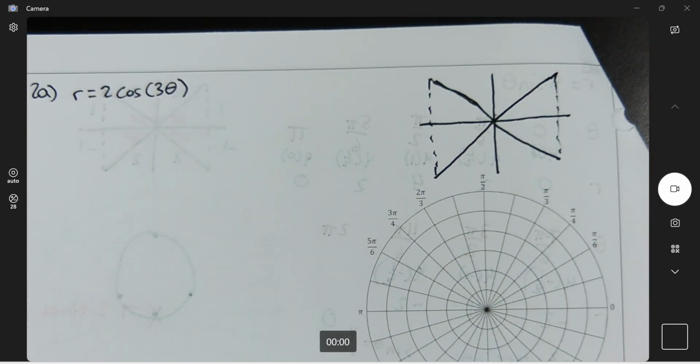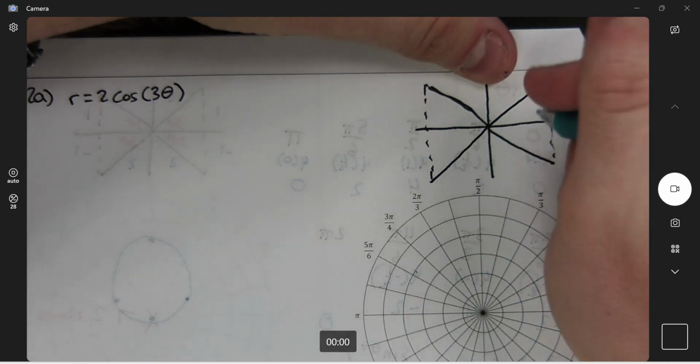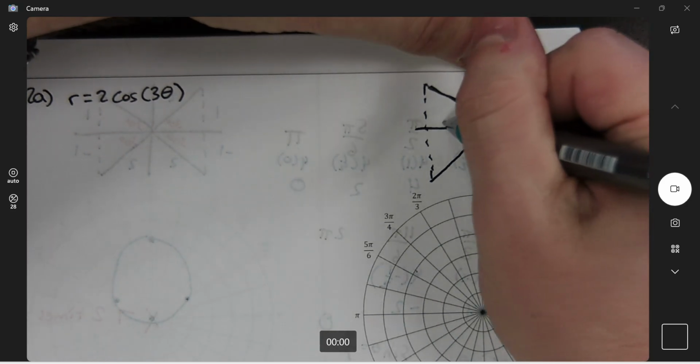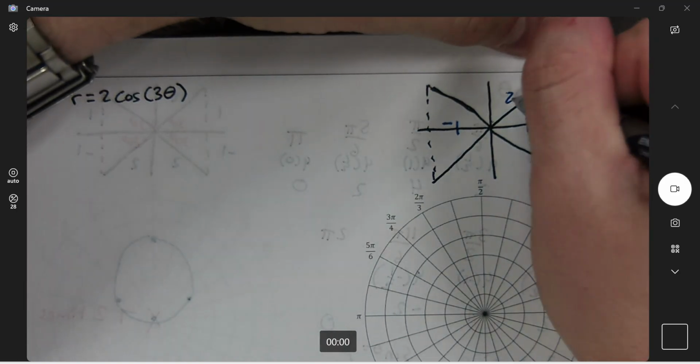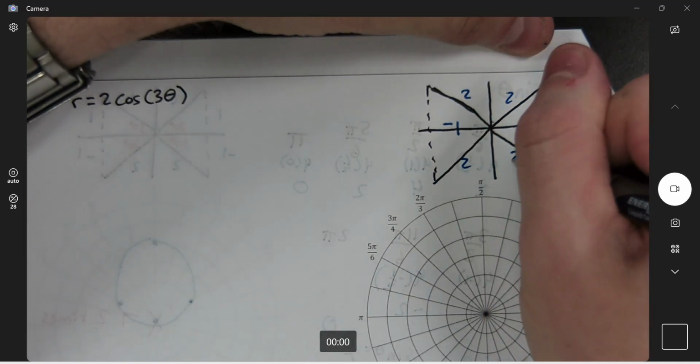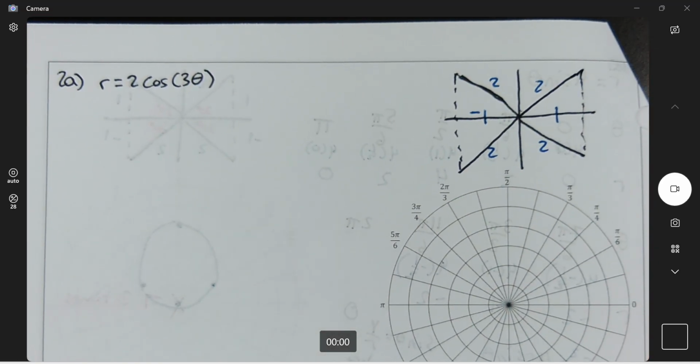Cosine is x over r. That means, to make sure that we're avoiding square roots, we need our x's to be 1 and negative 1, while all of our r's have a value of 2, like so.